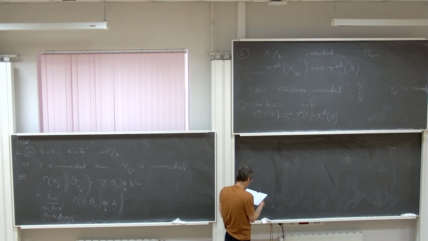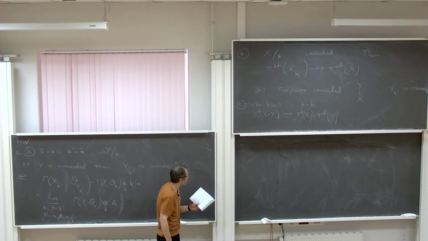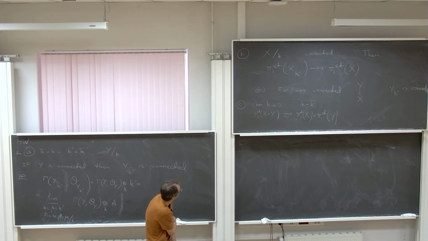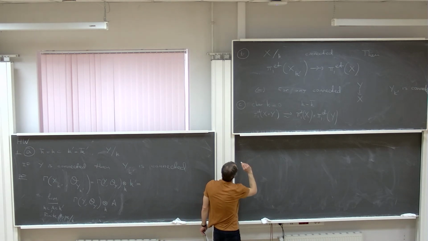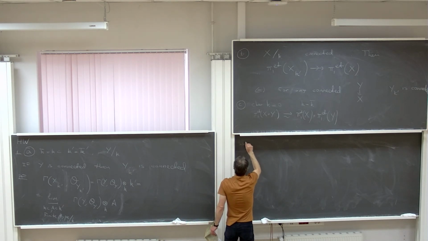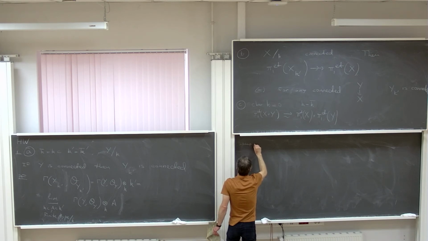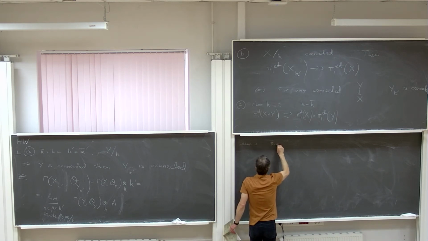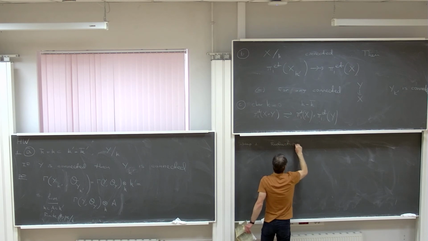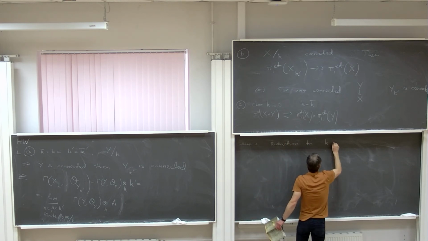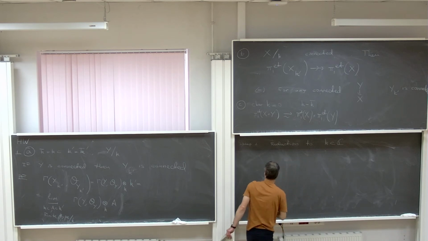So, first of all, I want to reduce to the case when K is a finitely generated field over Q. So step 1, reduction to K in C. This can be done as follows.